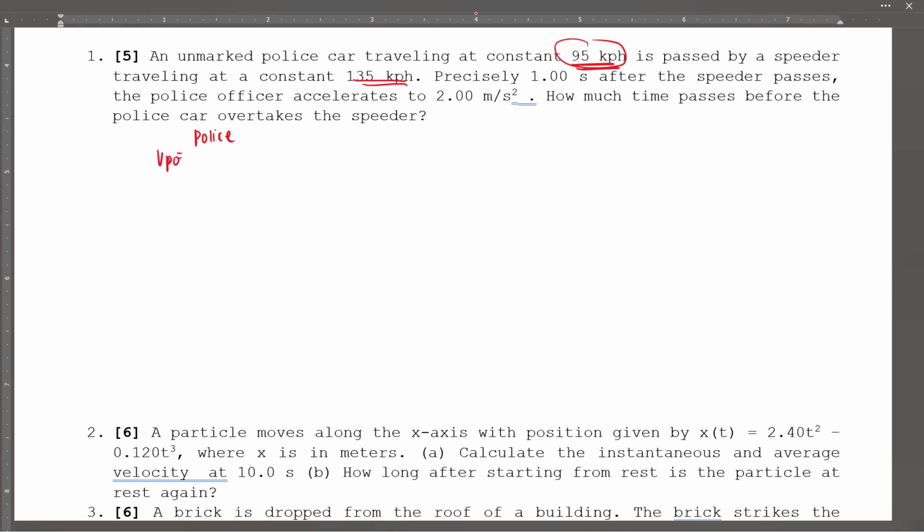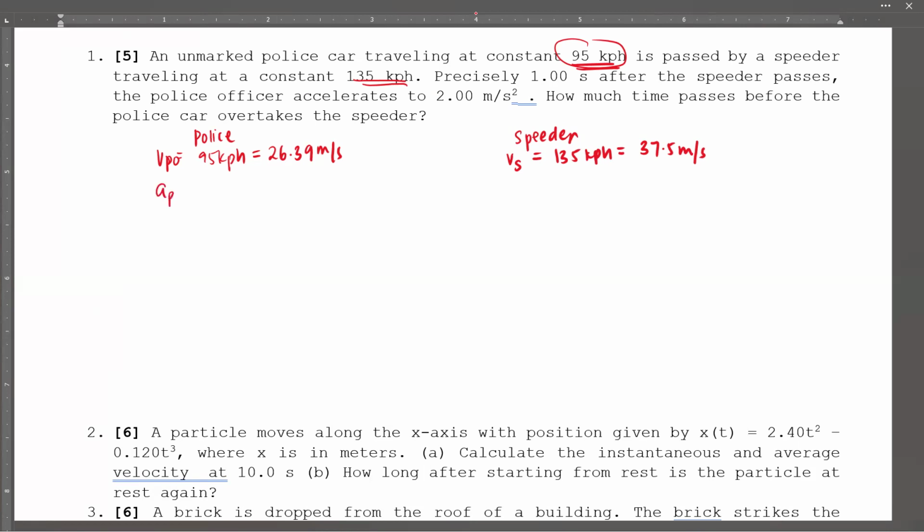V police initial is 95 kph, which is, if we're going to convert this, so 95 divided by 3.6, this is simply 26.39 meter per second. And then, yung speeder natin ay traveling at a constant, so V speeder is traveling at a constant of 135 kph, which is again divided by 3.6. This is simply 37.5 meter per second. Pero 1 second after the speeder passes, the police officer accelerates.